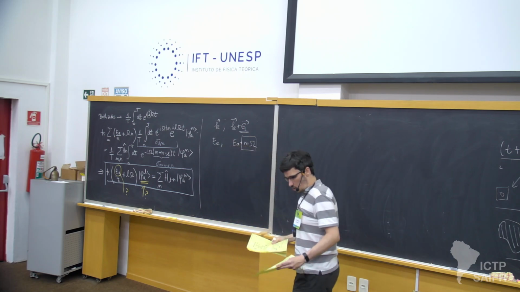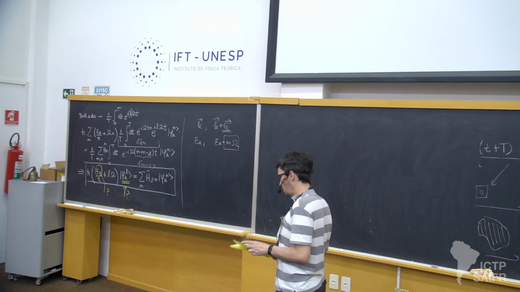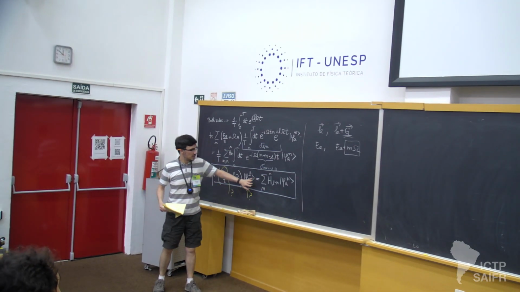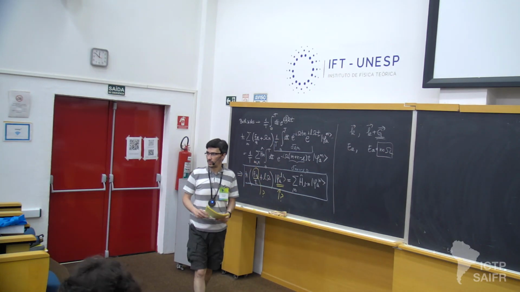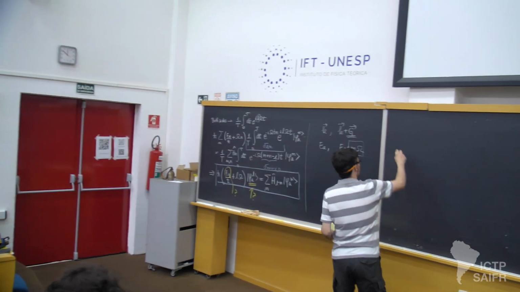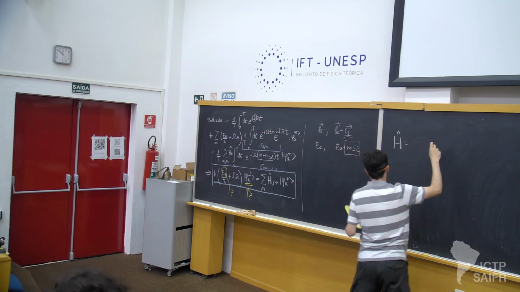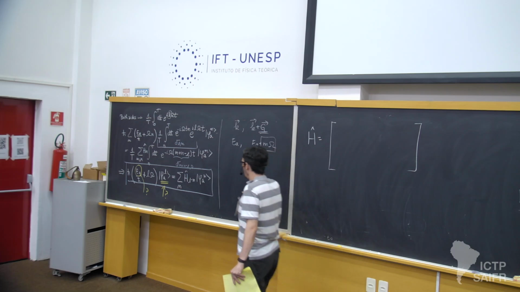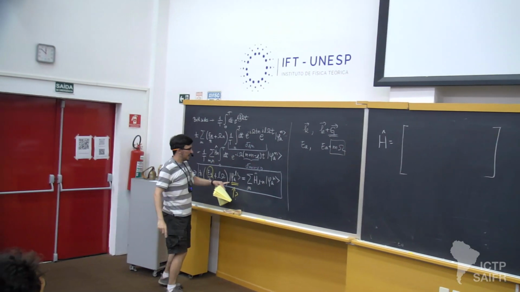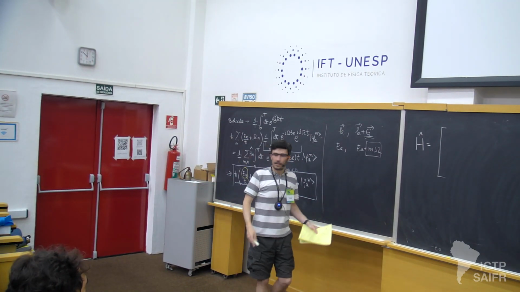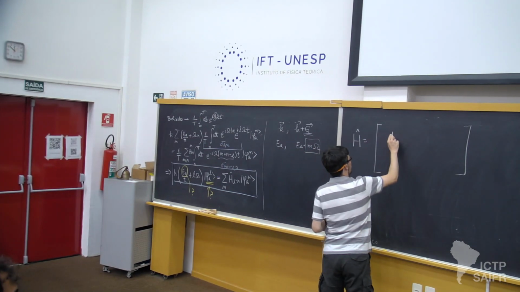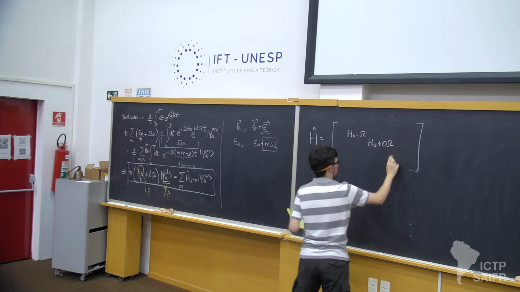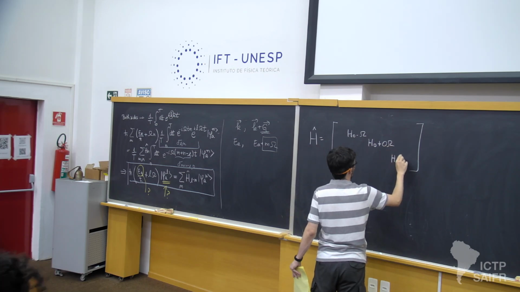All right, so what we have is, let's say I want to represent this equation as a matrix. This is the first thing that I would like to do. The Hamiltonian matrix now is going to be very large. This is an equation acting on this vector, so I can write it as a full matrix. It's going to be like this: H0 minus omega, H0, H0 plus omega.